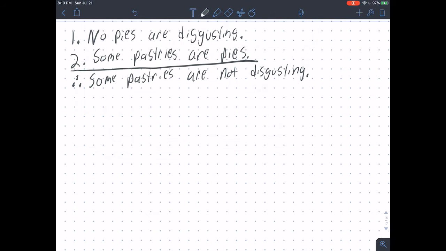Maybe I shouldn't have used pies and pastries because they both start with P. But anyway, first let's replace pies. I'm going to put P in for pies. Then for pastries, I'm going to use an A. And then obviously D would be a good choice for disgusting.